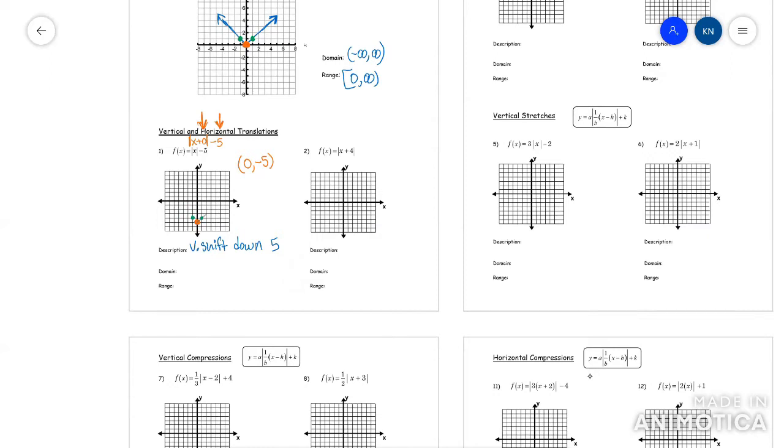All you have to do now is connect the dots, like that. The domain of this is all real numbers. And the range, since you shifted down 5, is now -5 to positive infinity.